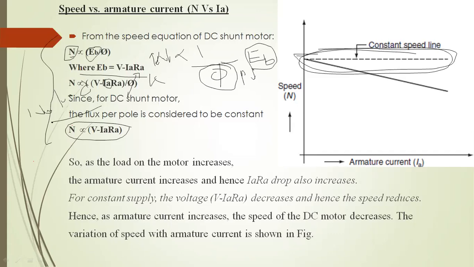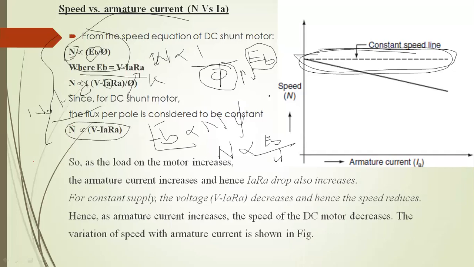So here, Eb is directly proportional to N phi. From this equation, N is directly proportional to Eb by phi. That is your first equation, which I have earlier written, this one.